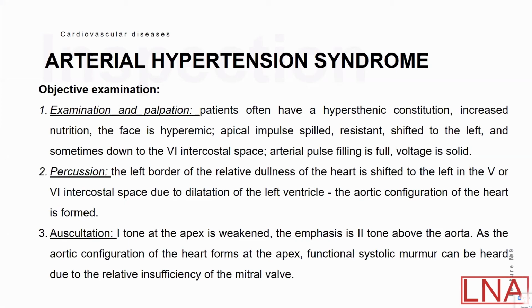There is an emphasis or accent of the second tone above the aorta due to the increased level of blood pressure and increased speed of returning blood. As the aortic configuration of the heart forms at the apex, a functional systolic murmur can be heard due to relative insufficiency of the mitral valve due to stretching of the ring of the mitral valve.